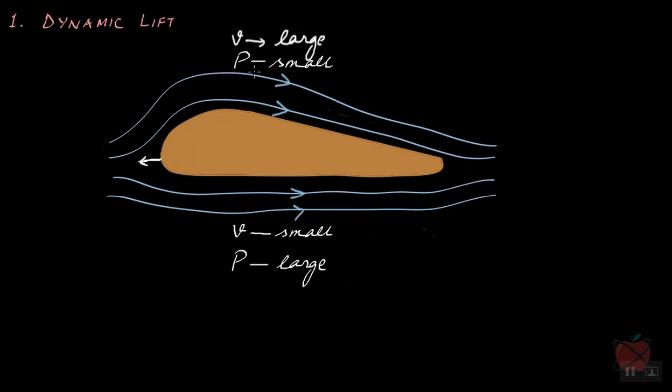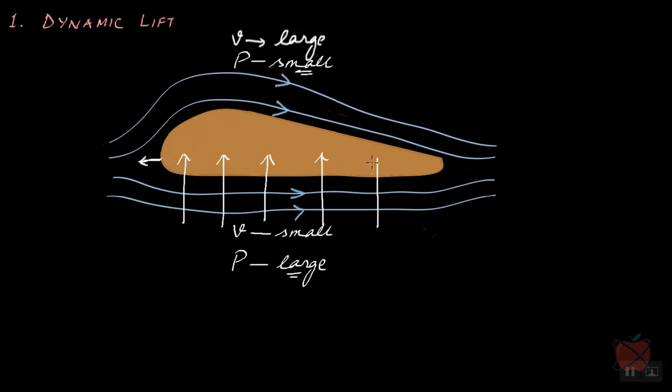So that means that because of the different speeds of the airstreams above and below the wing, there is a difference in pressure. The pressure on top is small, the pressure below the wing is large. What will this large pressure do? It will push the wing upward. Okay?